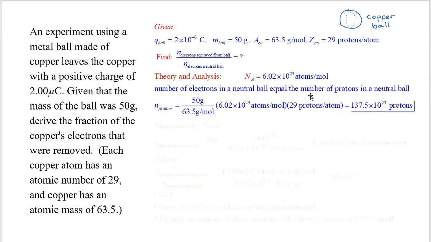Now we could come up with the theory after the fact, instead of trying to find a problem that does this exactly. What we have is our mass divided by our molar mass, times our Avogadro's constant, times our atomic number, right?